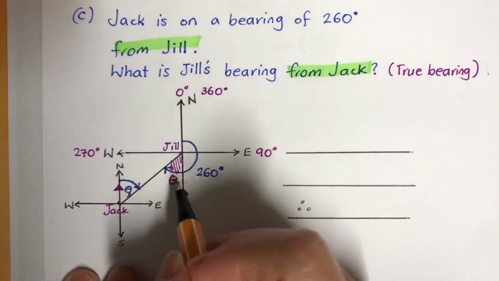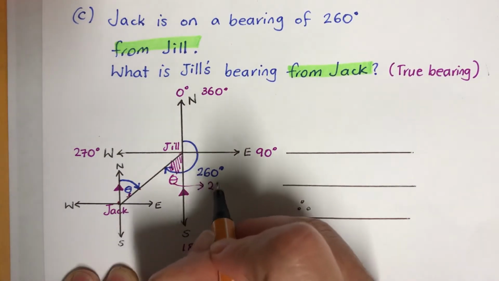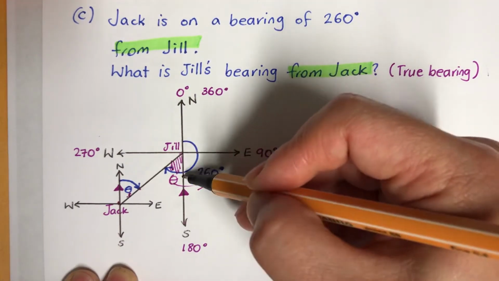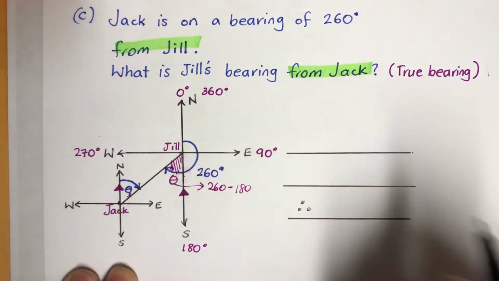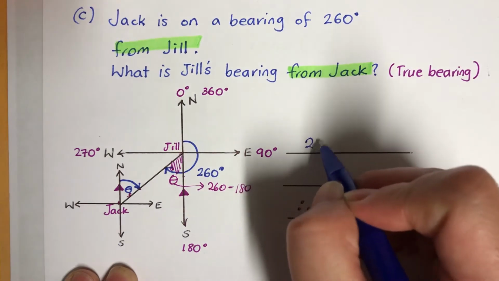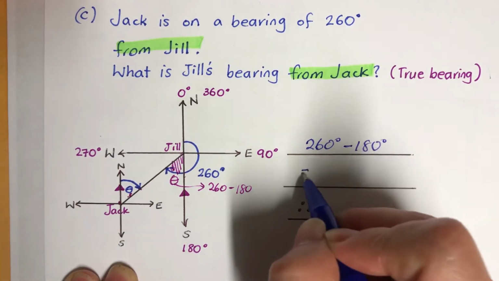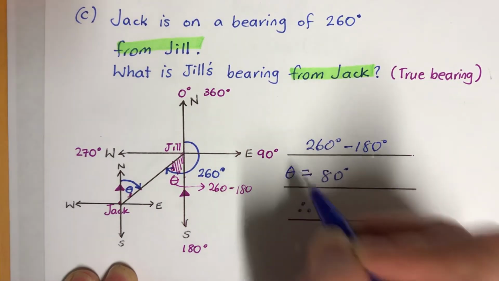Now what's this going to be? 260 take away, what's this part? 180, isn't it? If I do that, I will get theta. So 260 degrees minus 180 degrees gives me 80 degrees. That's my theta.